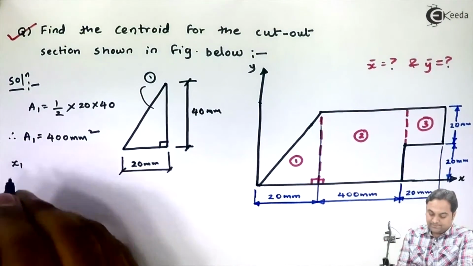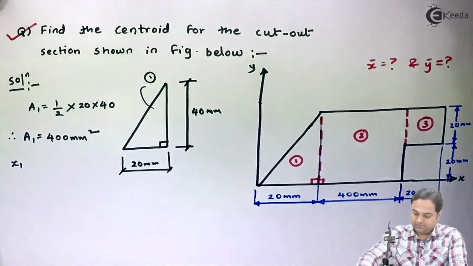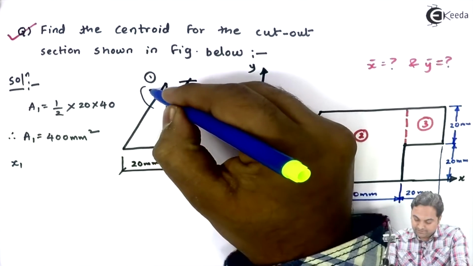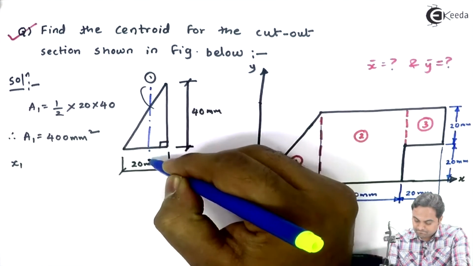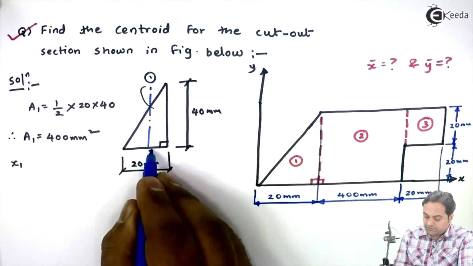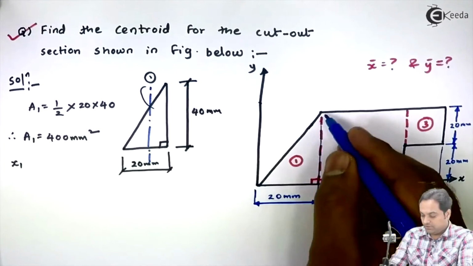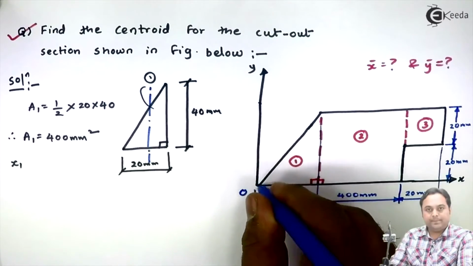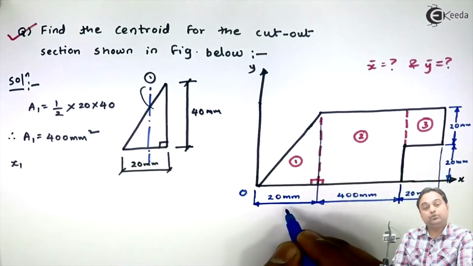Then x1 is the location of y-axis, and as we know, since this triangle is kept at the origin at its apex, from the apex the y-axis will be at 2/3 distance.